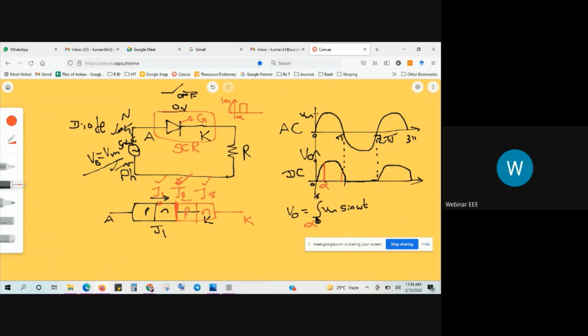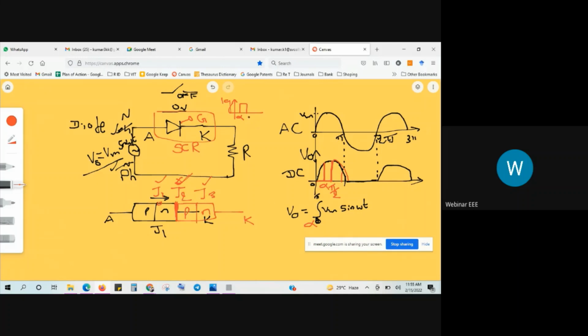So see here, for example, if I am giving 90 degrees, alpha equal to pi by 2, then from 0 to pi by 2 I am getting zero output voltage. Why? Because the junctions J1 and J3 are forward biased, but J2 is reverse biased.